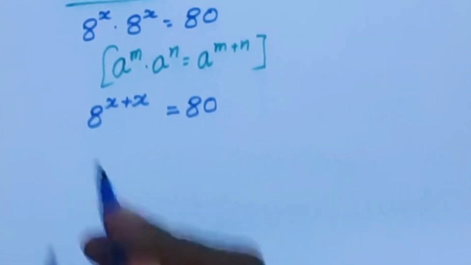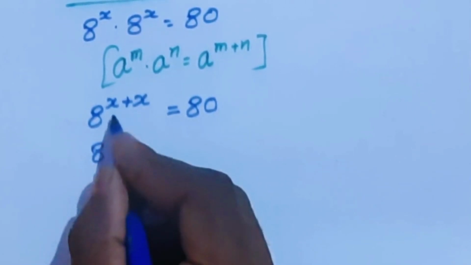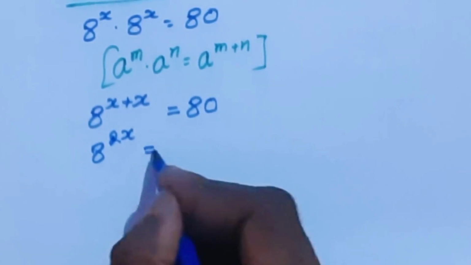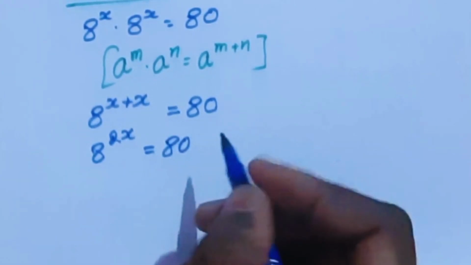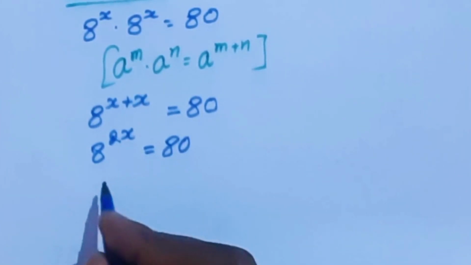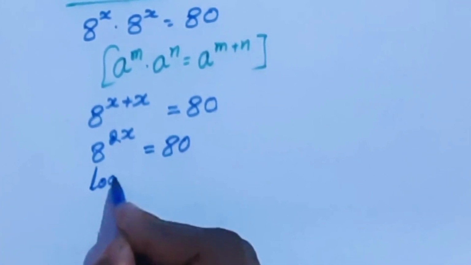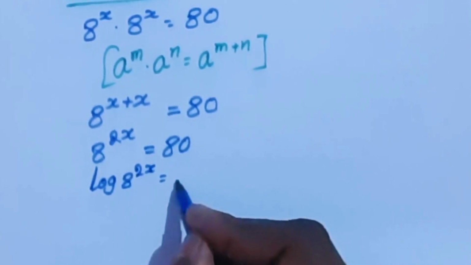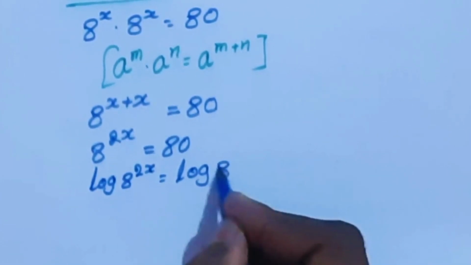Now here 8 power x plus x is 2x equal to 80. Now take a log on both sides. Log 8 power 2x equal to log 80.